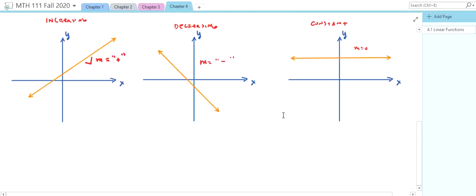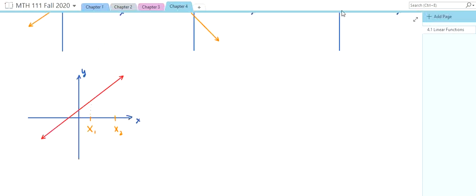So for the most part, this is all review. We've done this before. In the past, we would say, suppose we had a line, and we chose points x1 and x2. For x1, we would have a y1 value, and for x2, we would have a y2 value.